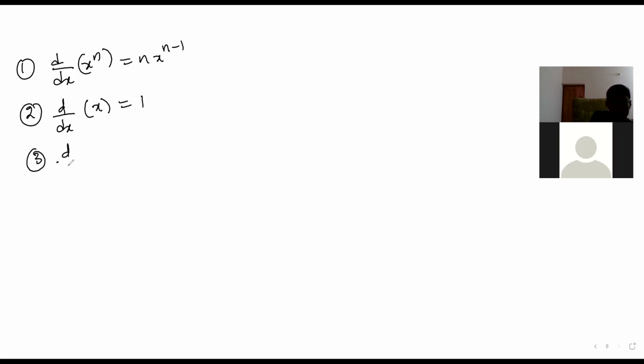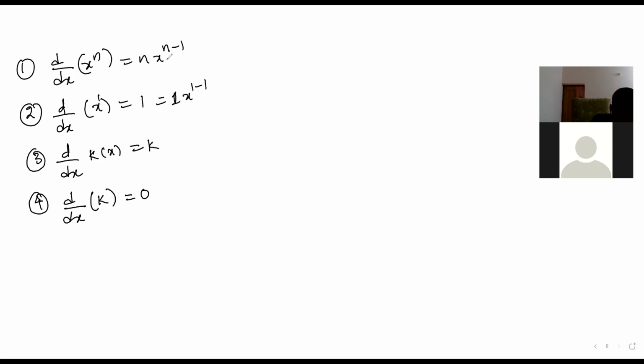Next, 3: d by dx of constant into x is the constant only. This all I am just writing for clarity only. d by dx of a constant alone is 0. This means x to the power of 1, which means 1 into x to the power of 1 minus 1. From this, 1 into n into x to the power of n minus 1. And then for this, what?